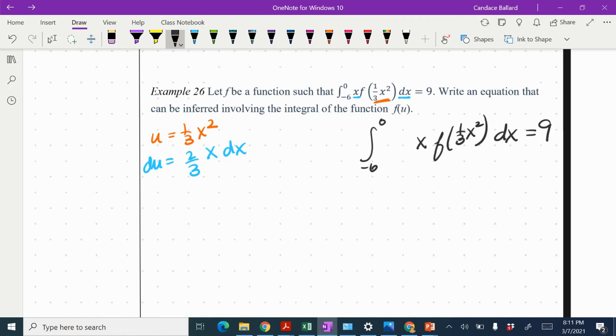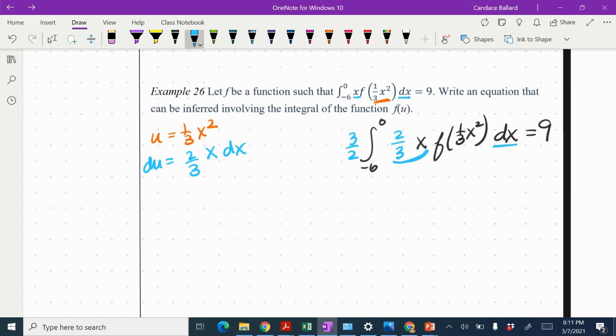And notice it's equal to 9, so it looks a little bit different and weird this time. But we're going to try to figure out an integral that would involve the function f of u. So if I need a 2/3 in here, that means I need the reciprocal outside, because then it's like multiplying by 1. So that's what we're going to have to leave it as.